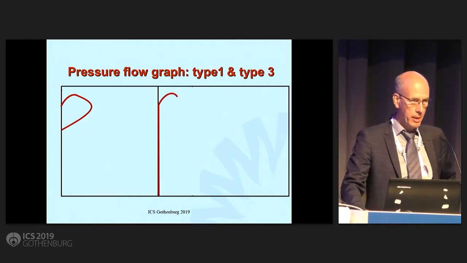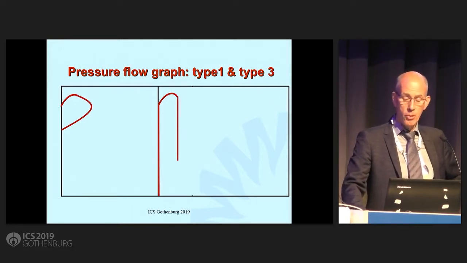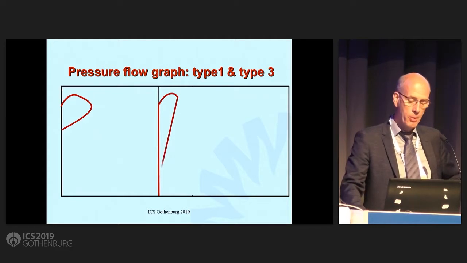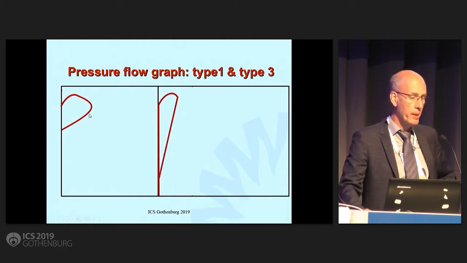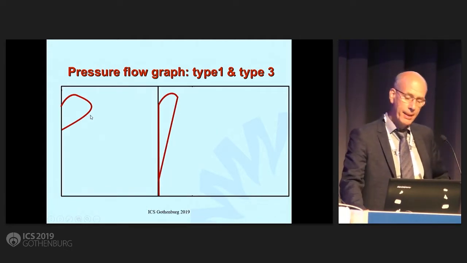The beginning is okay, like bladder outflow obstruction, but then again something strange happens. Flow continues at the same rate, but pressure is lower and lower and lower. And again, in various types, the lowest pressure is much lower than expected on the basis of the normal pressure flow relation graph. So that's type 3.